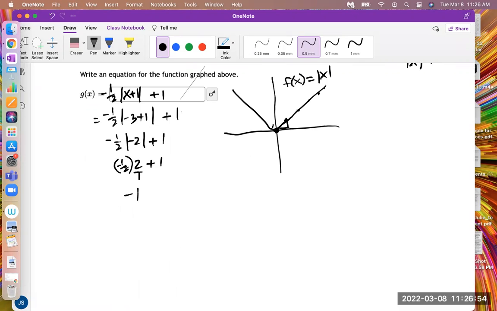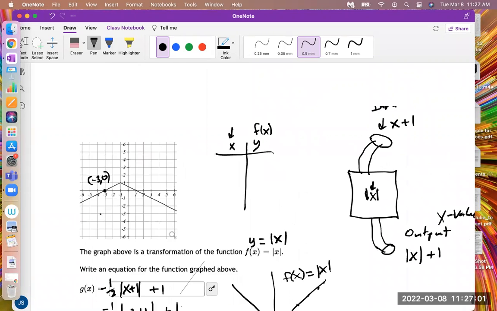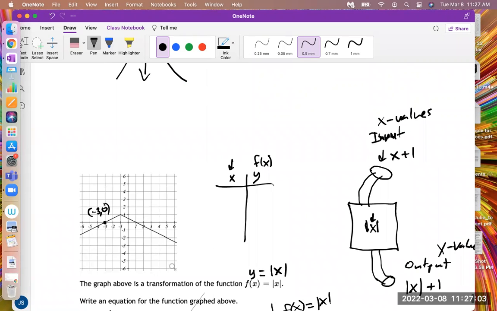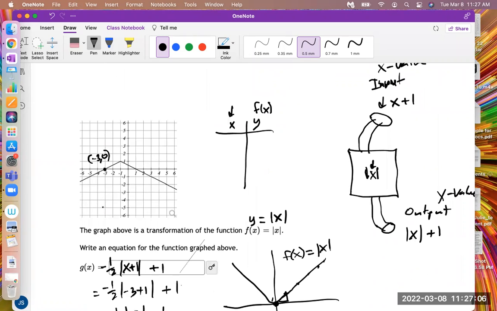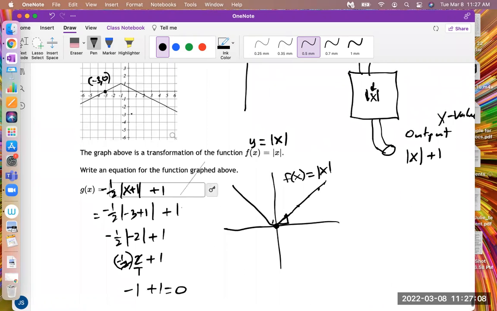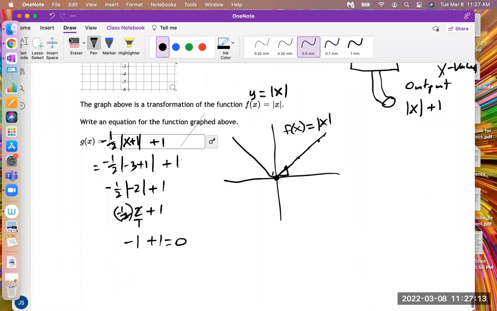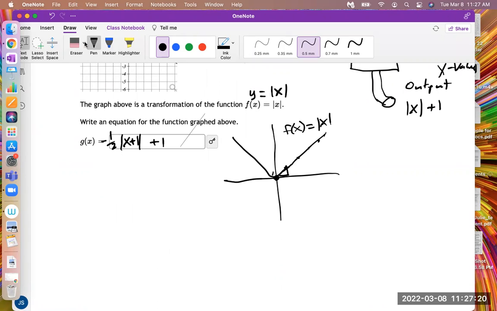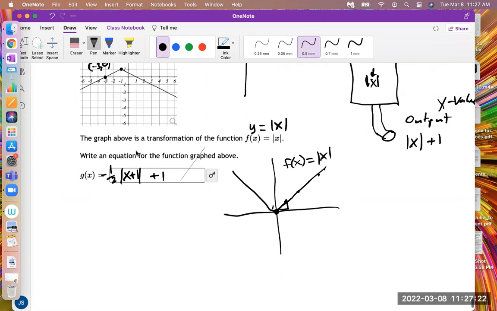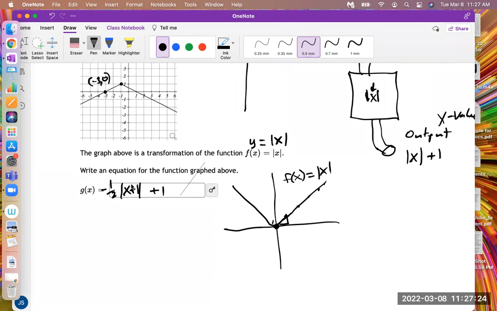Then I get -1 plus 1, which equals 0, which is exactly what I wanted to get. So when I plug in -3, I get the function value of 0. If you wanted, you could check just one more point, like this point, to make sure this looks like the correct equation. It's very unlikely that it would make all of these points happy. So this is -1, 1.